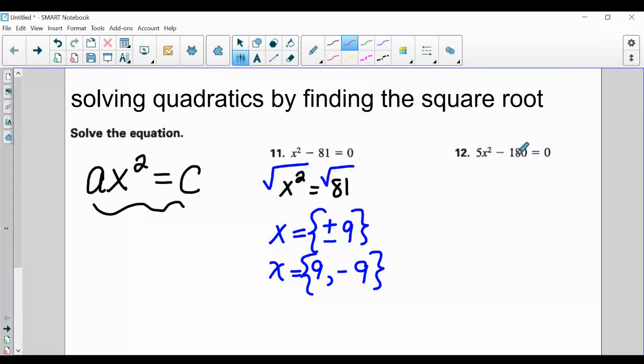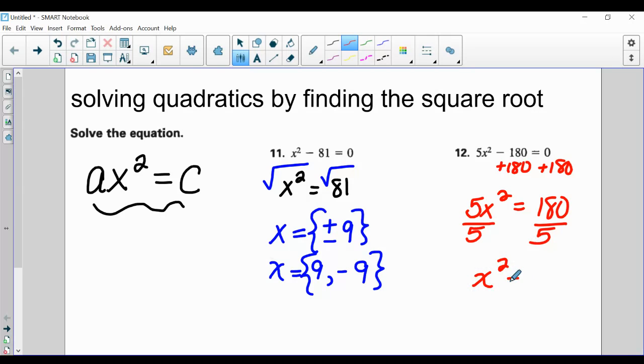For the next problem, once we move the 180 to the other side by adding 180, here we go, you will have 5x squared equals 180. Now, you can't jump in and take the square root. The first thing you want to do is isolate the x squared. So we want to have 1x squared, so we divide by 5 on both sides.